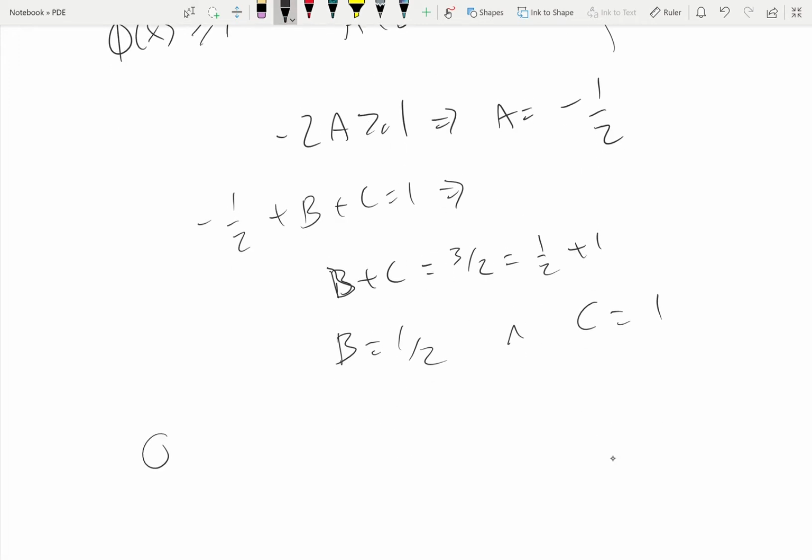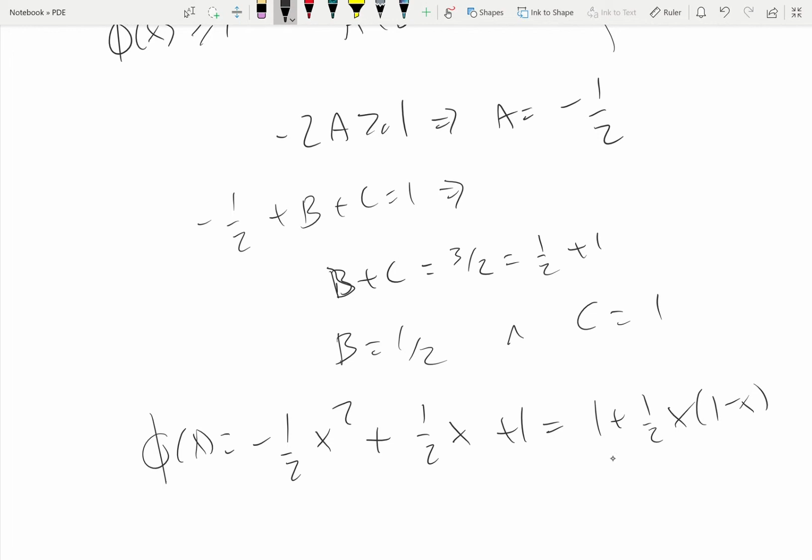This gives our phi of x equation to be negative 1/2 x squared plus 1/2 x plus 1, which can be rewritten as 1 plus 1/2 x times 1 minus x. Now, coincidentally, this is kind of where we should have started from, given the end conditions, because when x is equal to 1, phi goes to 1.